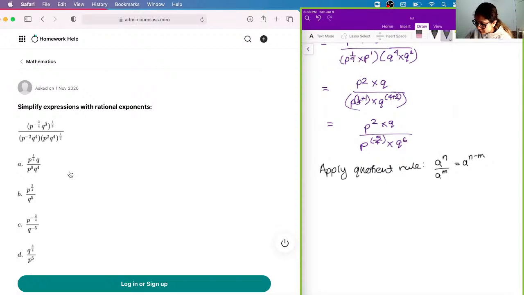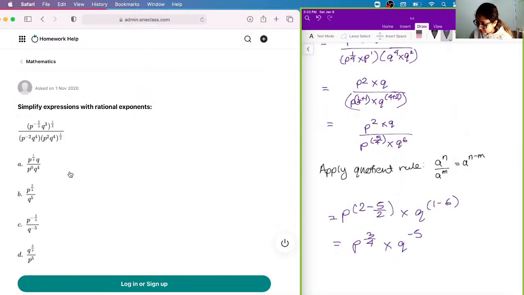Okay, so we're going to apply this rule, and we get p to the 2 minus 5 over 4 times q to the 1 minus 6. Okay? And so from this, we have p to the 3 over 4 times q to the power negative 5.